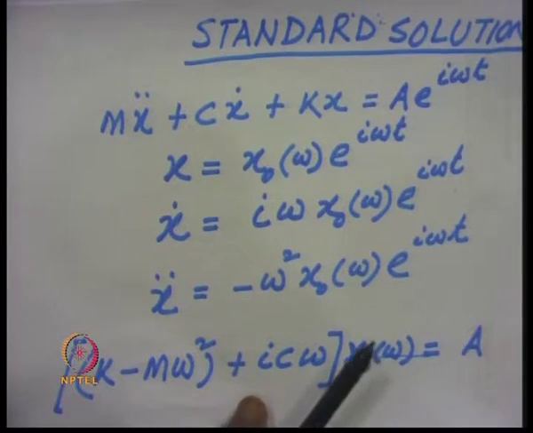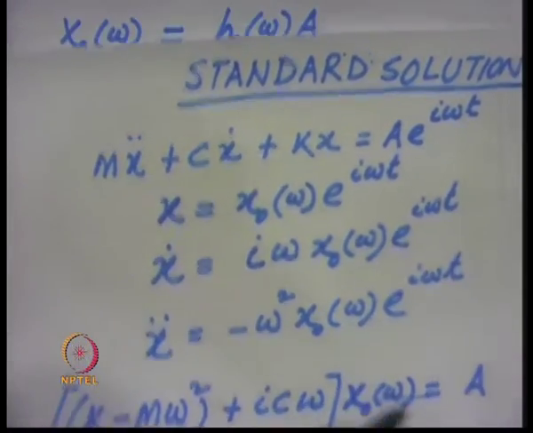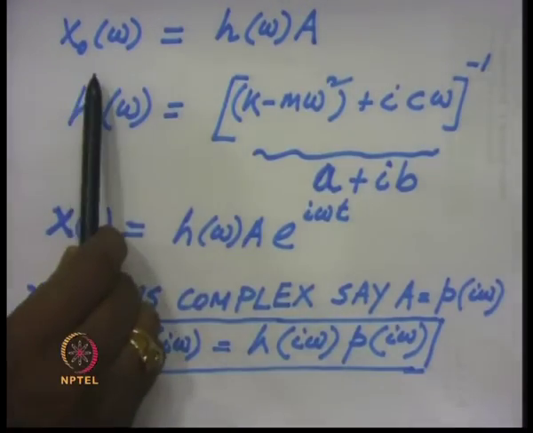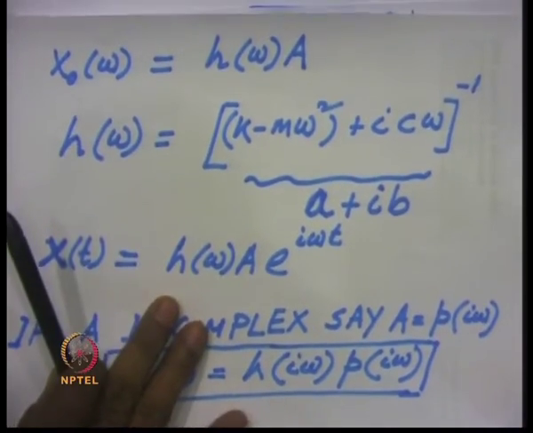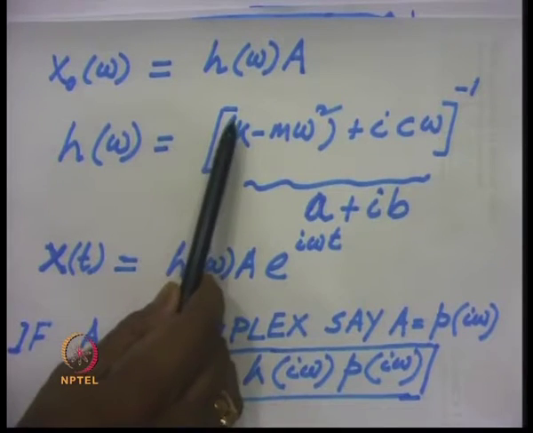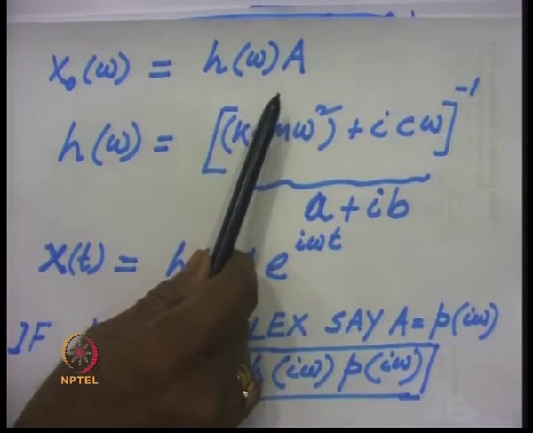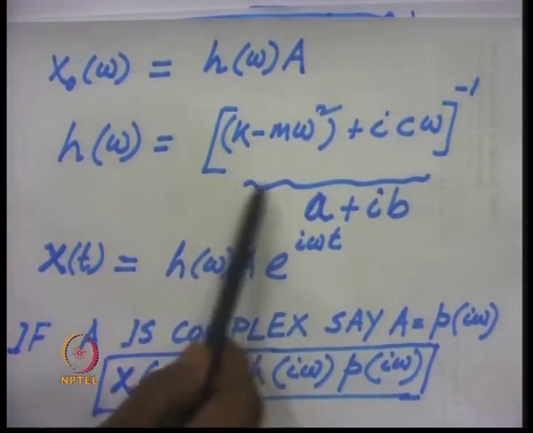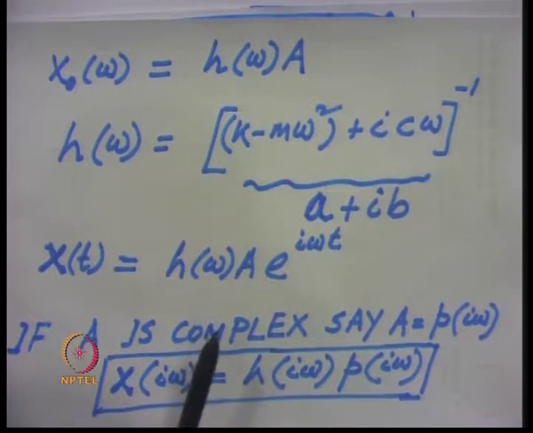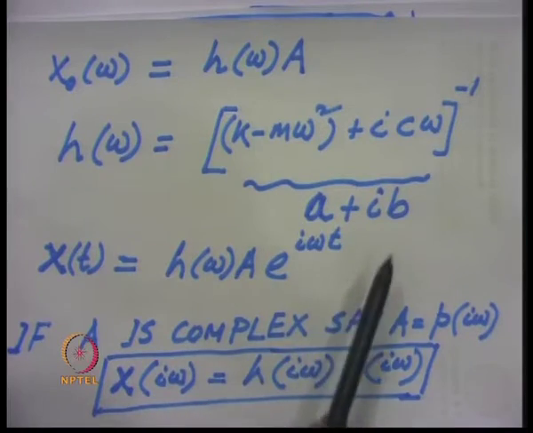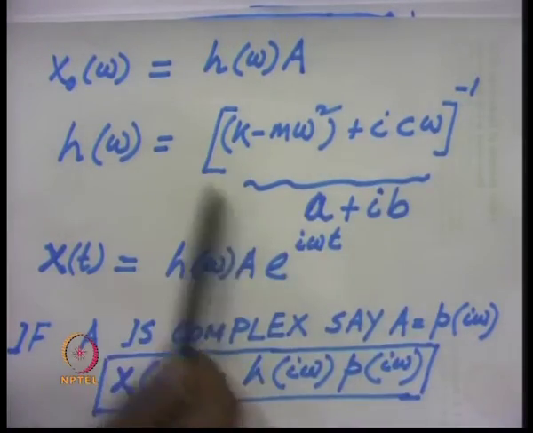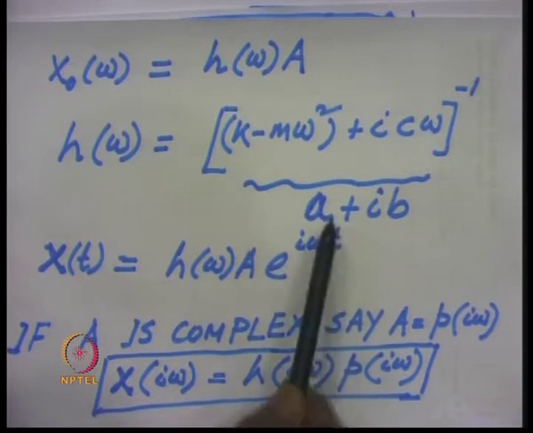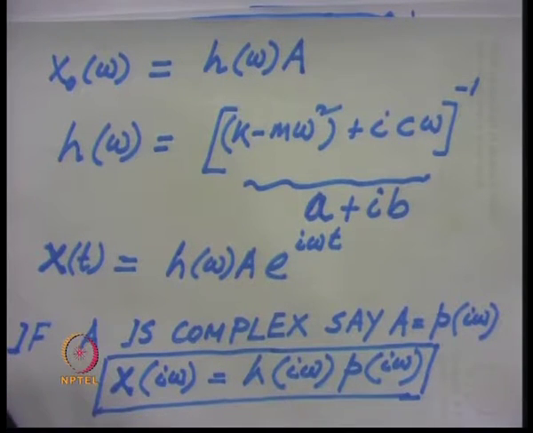From this we can write down the value of x 0 omega as h omega multiplied by a, where h omega will be equal to the inverse of k minus m omega square plus I c omega. And if we make this inversion, it will come in the form of a complex number a plus I b.